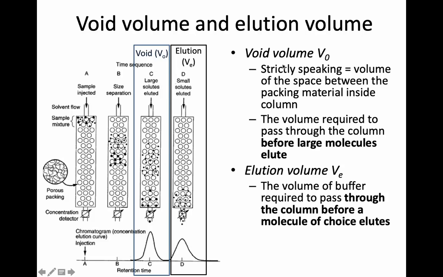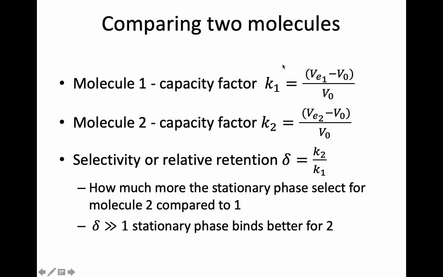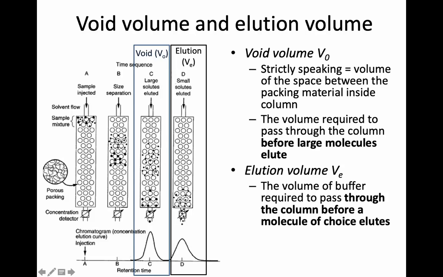The void volume is the volume of the voids, which is the volume of the space between the packing material inside the column, right? And how do I measure that? It is the volume that you would collect before any of the large molecules elute. This is how much of just mobile phase your column contains.